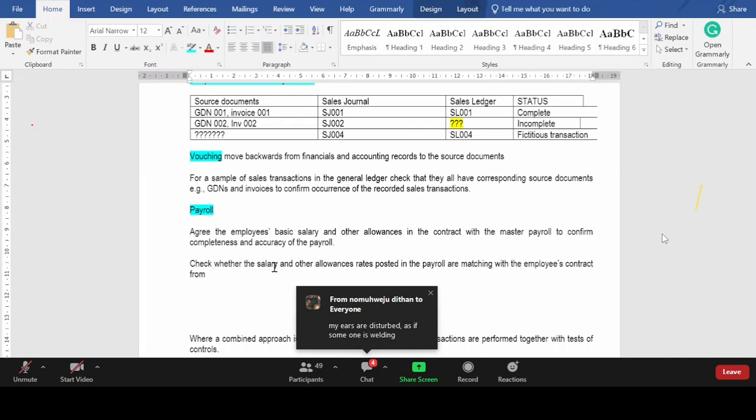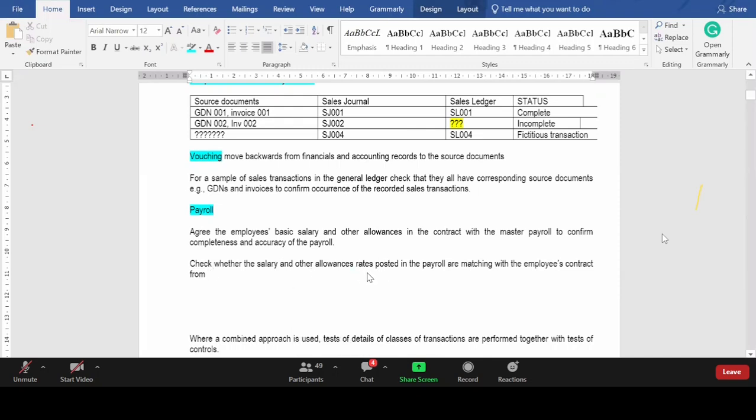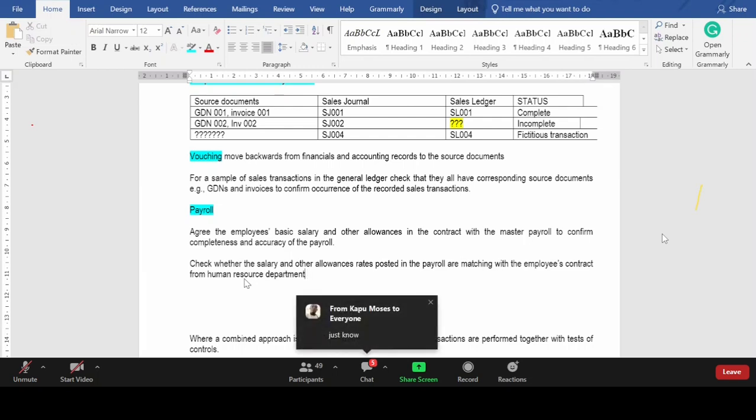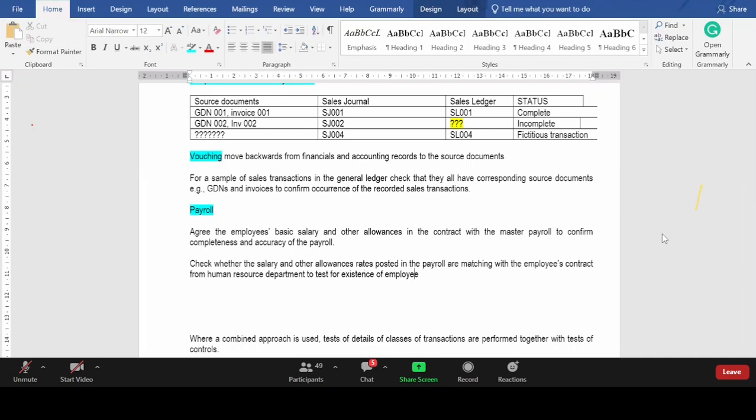So check whether the salary and other allowances rates posted in the payroll are matching with the employee's contract from the Human Resource Department. So you are testing for existence of employees, the occurrence of the transactions.